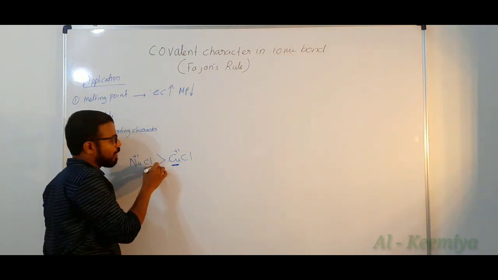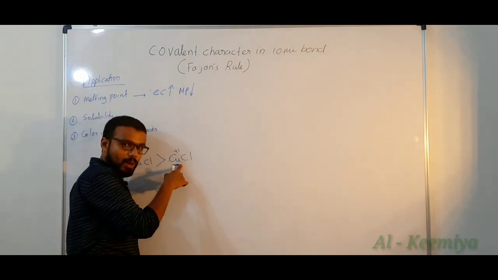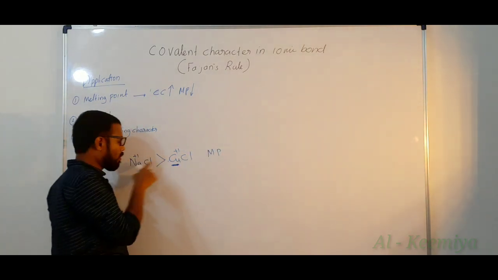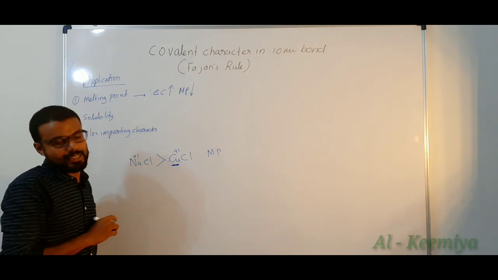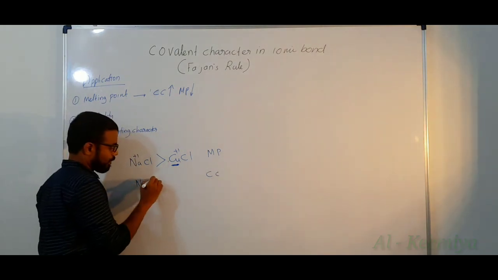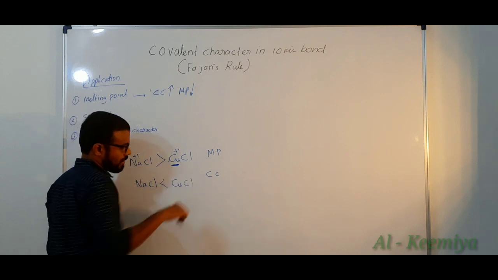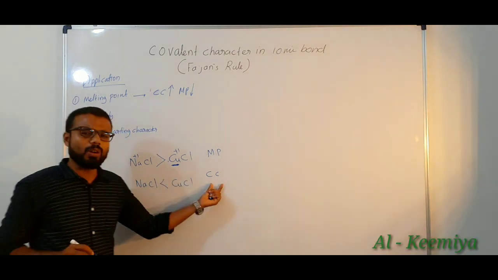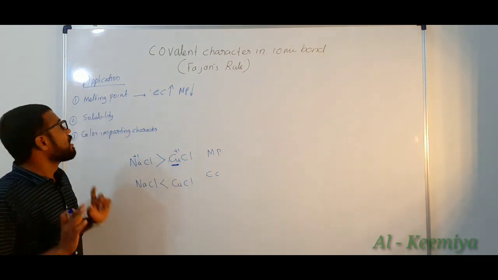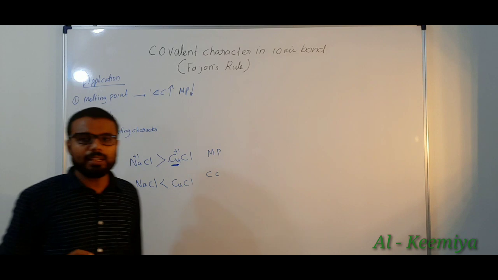So in melting point order, CuCl has a lower melting point than NaCl. Covalent character of NaCl is less than CuCl. This is the covalent character, this is the melting point order. So that is the first application, that is melting point.